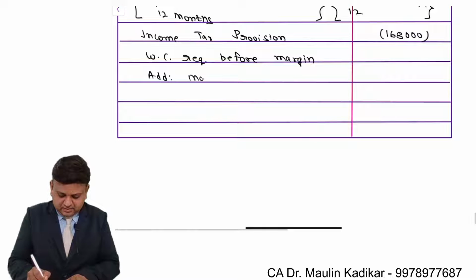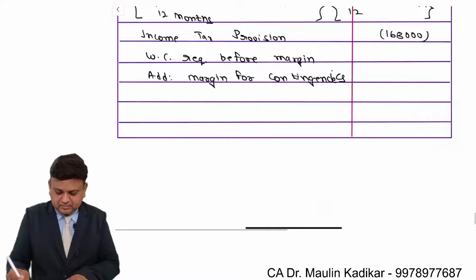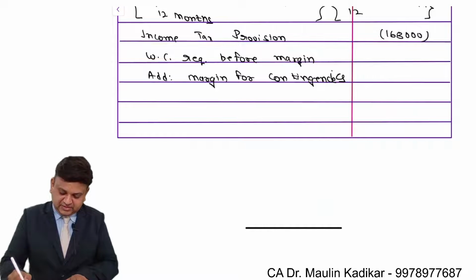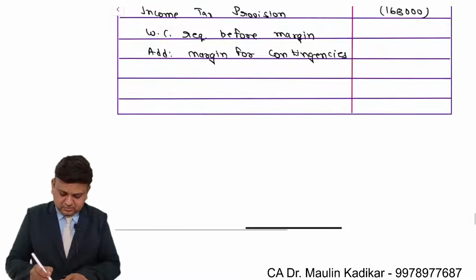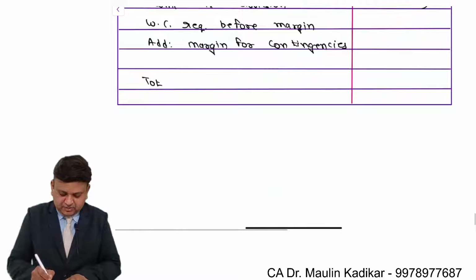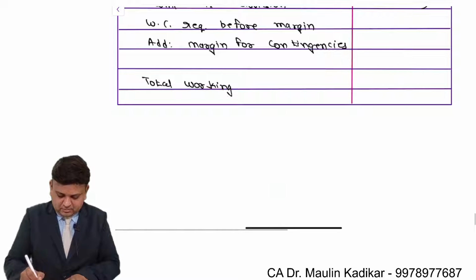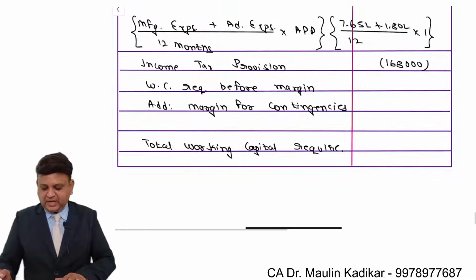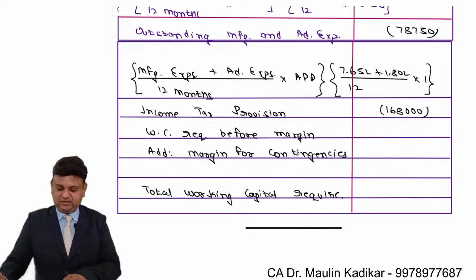Add margin for contingencies, and with that we'll find the final answer, the total working capital requirement. That is the way we are required to calculate the answer.